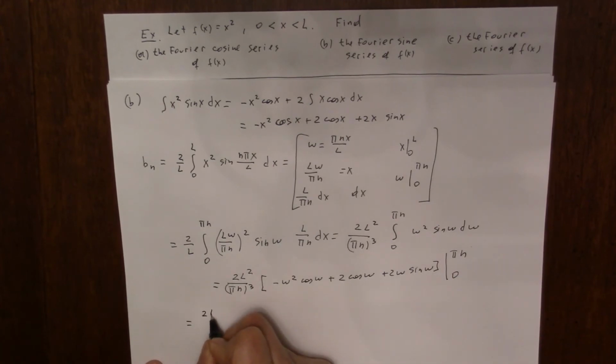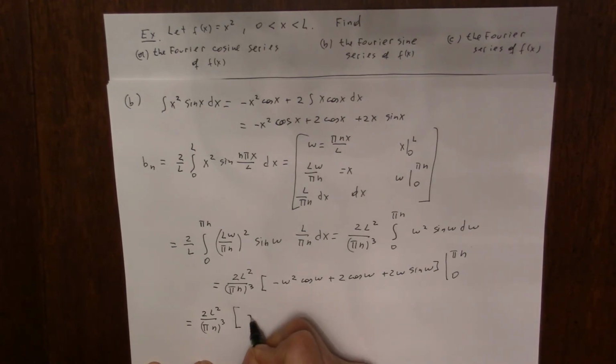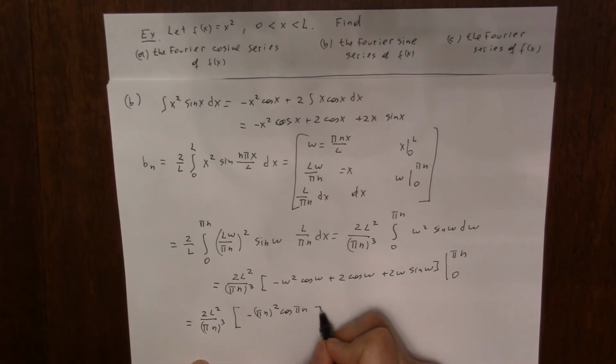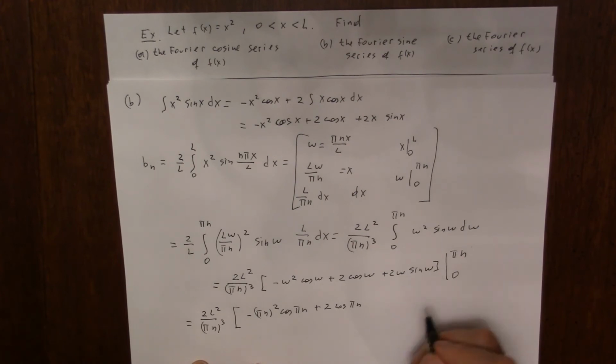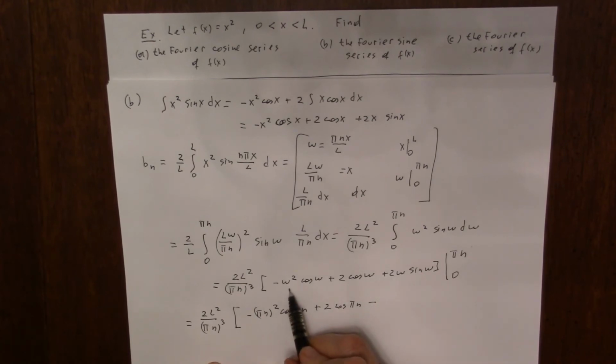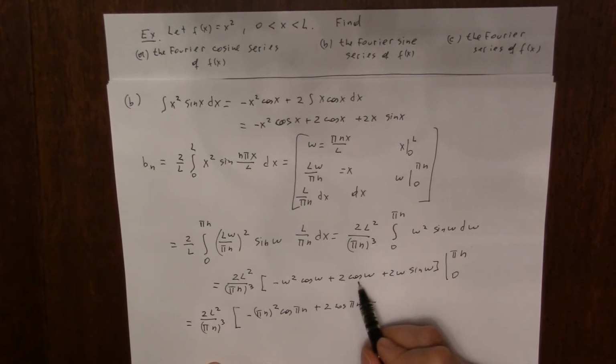So when substituting pi n, we're going to get negative pi n squared cosine of pi n plus 2 cosine of pi n. Sine of pi n equals 0. Now if substituting 0, we're going to get that minus 0, 0, and cosine of 0 is 1, so minus 2.